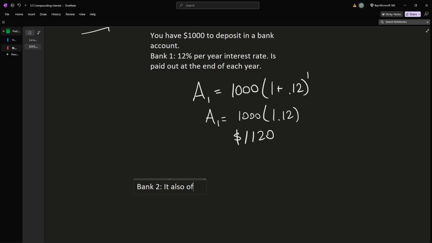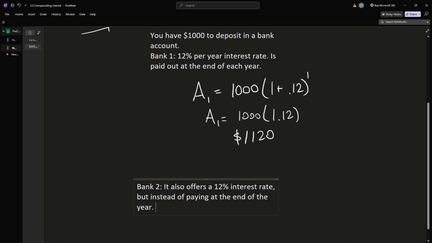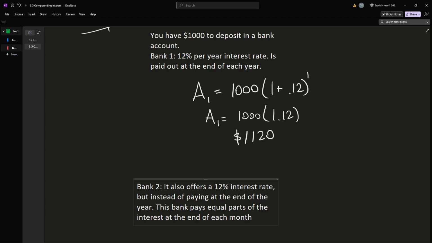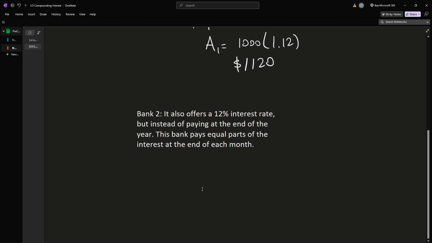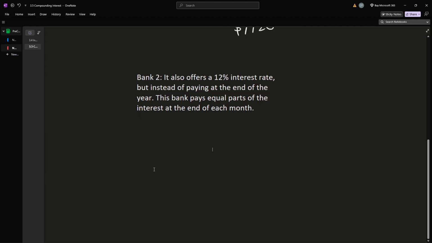It also offers a 12% interest rate, but instead of paying at the end of the year, this bank pays equal parts of the interest at the end of each month. That is a bit confusing, but we'll see how much interest is there.